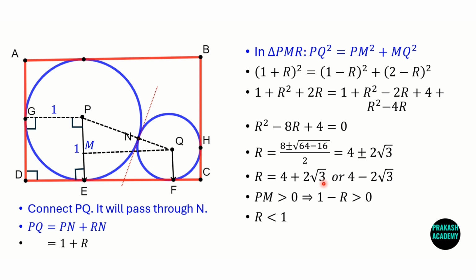So if I consider this one, this radius, this is greater than 1. So I cannot have this possible solution. So I can neglect this root and then I can consider this root because this is less than 1. So in this case, the radius of the smaller circle is simply 4 minus 2 root 3.